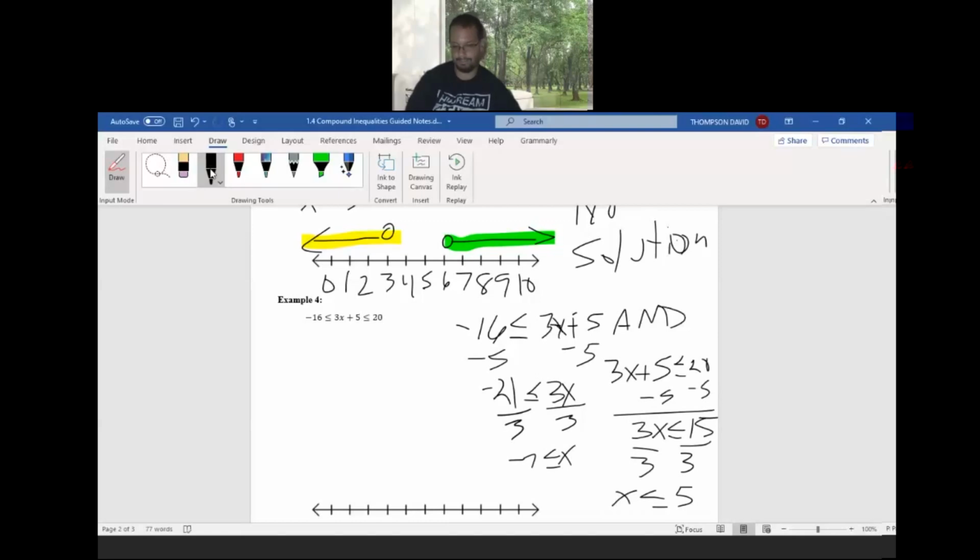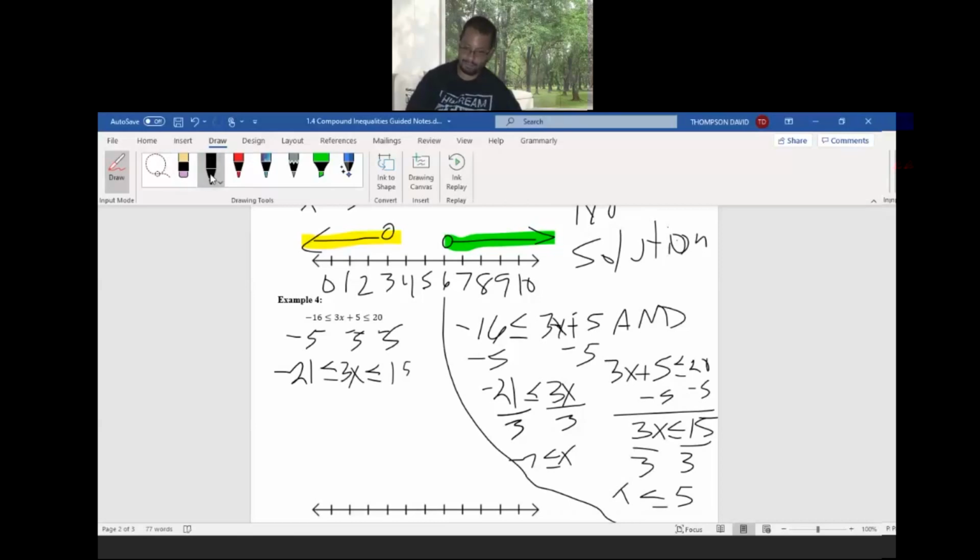Okay, now, if you didn't want to go through all the work of rewriting it as an AND situation, you can just solve this as is. So what we're going to do is subtract 5 from all sides. So we have negative 21 is less than or equal to 3x, which is less than or equal to positive 15.